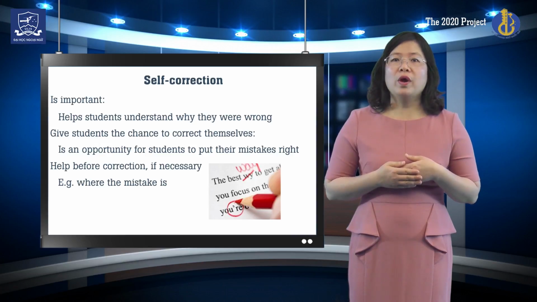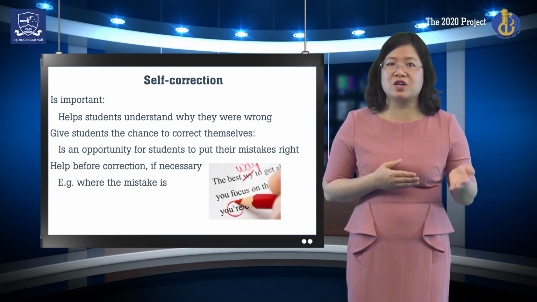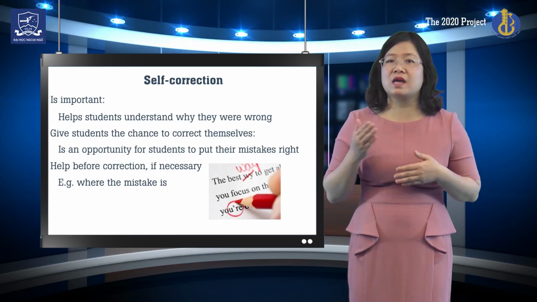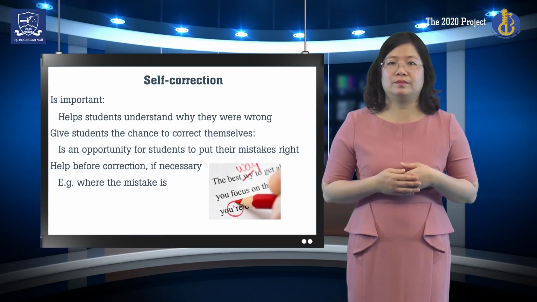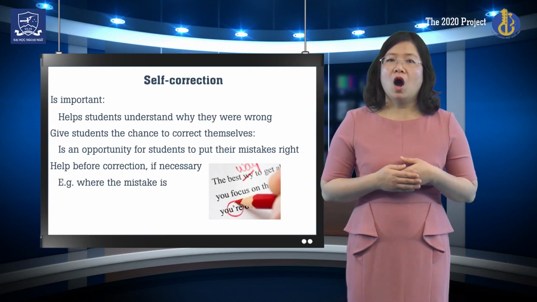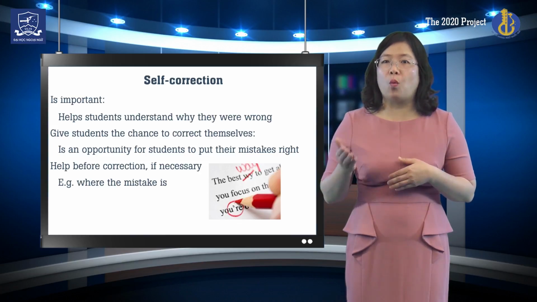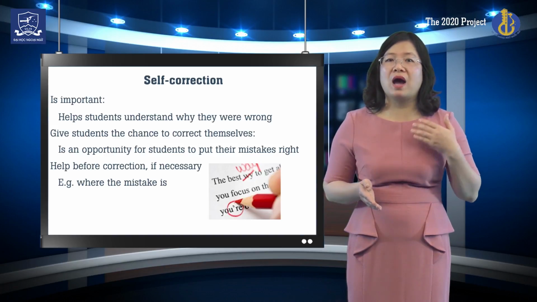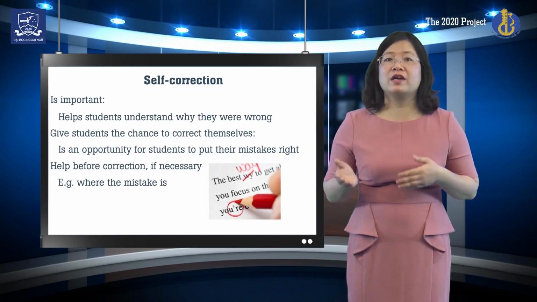Next, we can draw the student's attention to the actual mistake by stressing the part of the sentence where the mistake was made. Or we can just repeat one word or phrase so that students know what part of the sentence to try to correct.